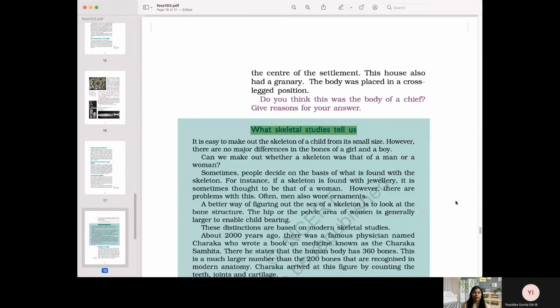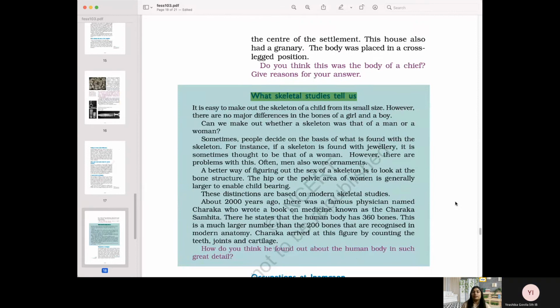So from here we studied today what skeletal studies tell us, right? Again, if it's a girl, her pelvic area bone will be more. Even her face bones will be different. Her hand bone density, even leg bone density will be really less, whereas men's bones are really heavy and kind of large in size.